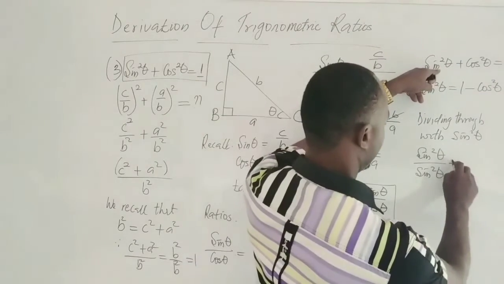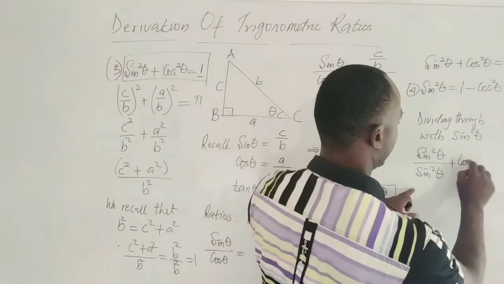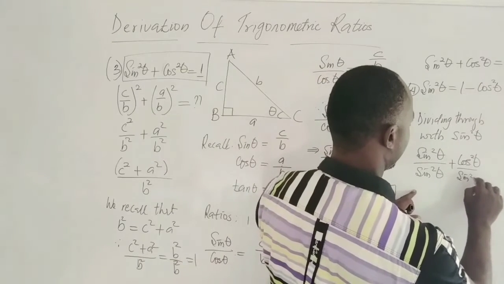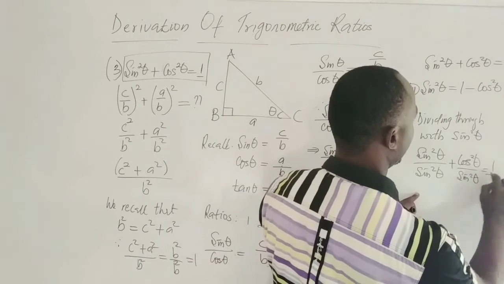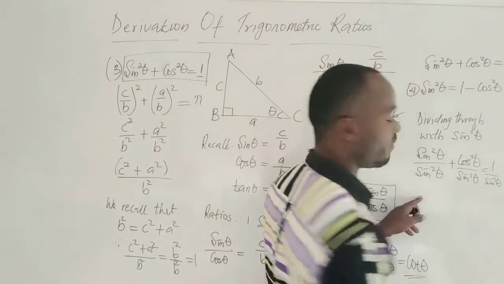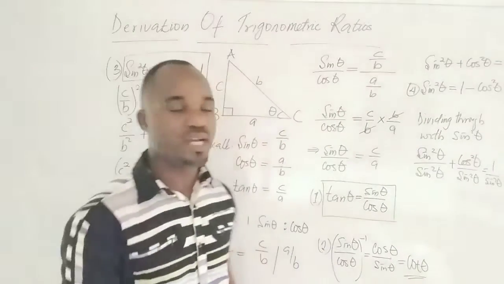Then plus cos theta squared all over sine theta squared, over 1 over sine theta squared. So what do we now arrive at?